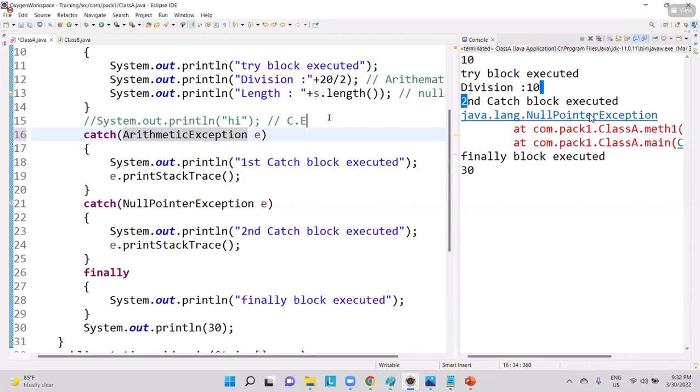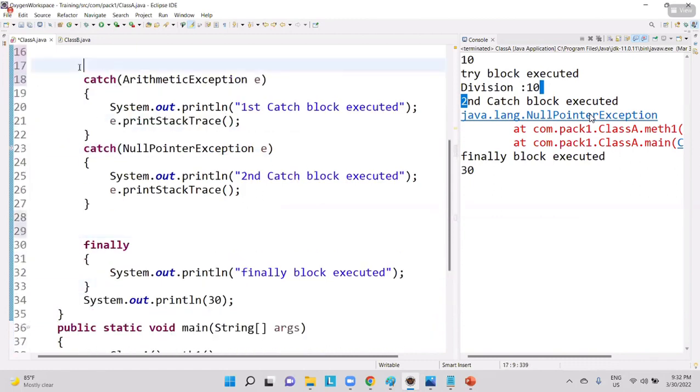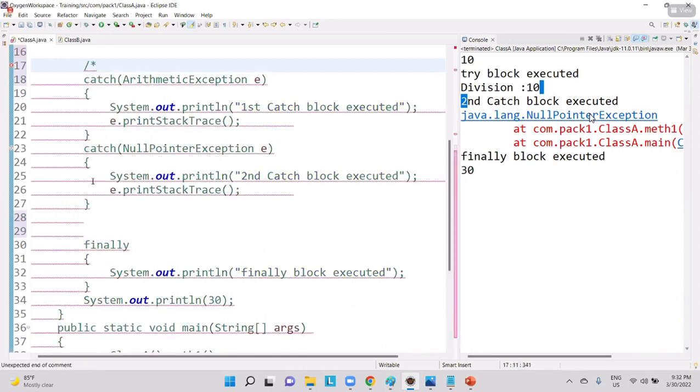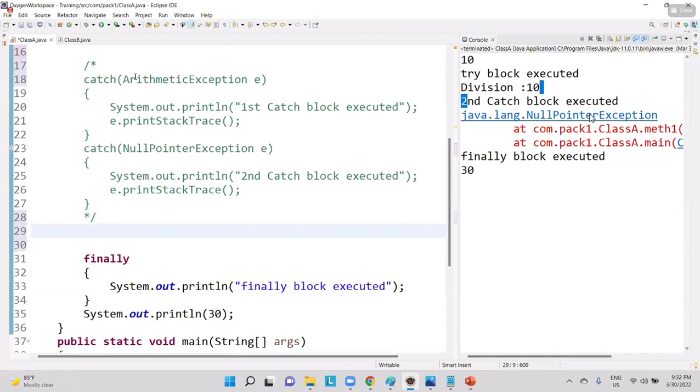Now, please observe here, guys. I am trying to keep these two catch blocks in comment. Now, I want to handle both these exceptions by a single catch block. Yes, I can do that.